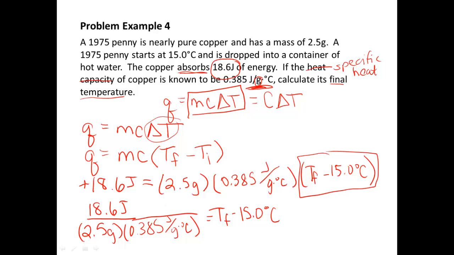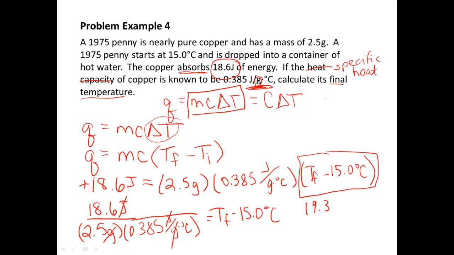When I multiply and divide this all out, 18.6 divided by 2.5 times 0.385 will come out to be 19.3. When I cancel out units, my joules cancel out and my grams cancel out.